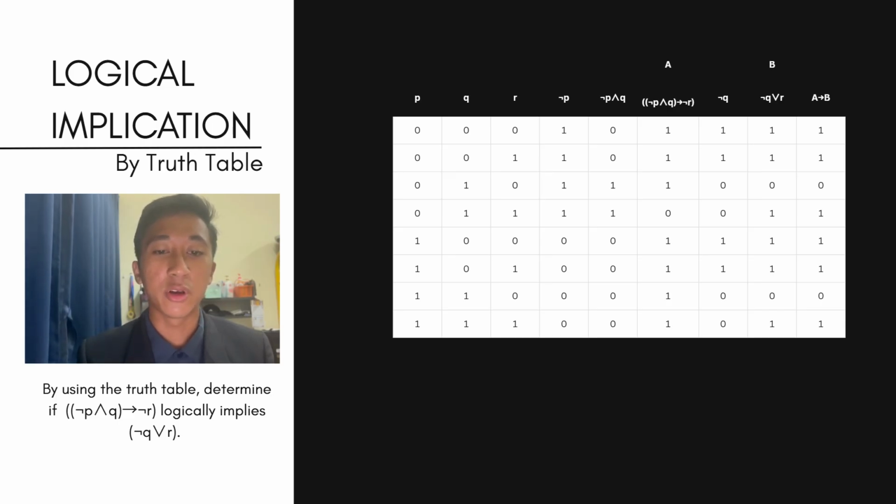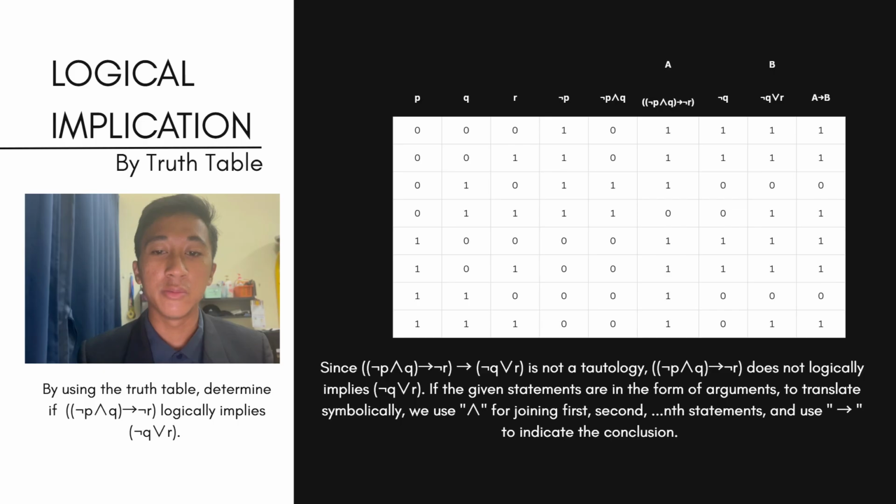As we can see from our result, the final column is not all 1 because it is not a tautology. We conclude that the first statement does not logically imply the second.